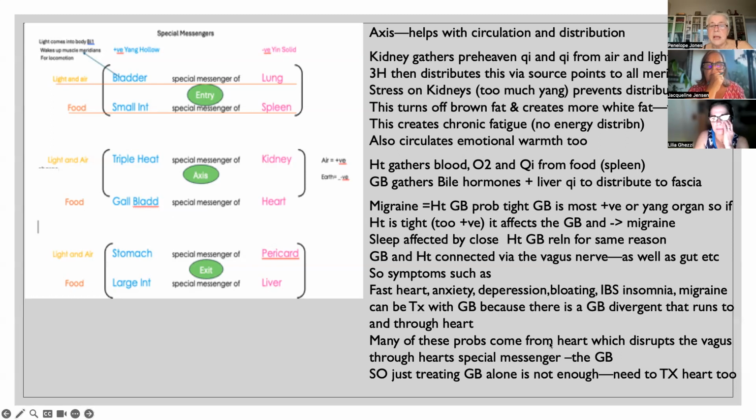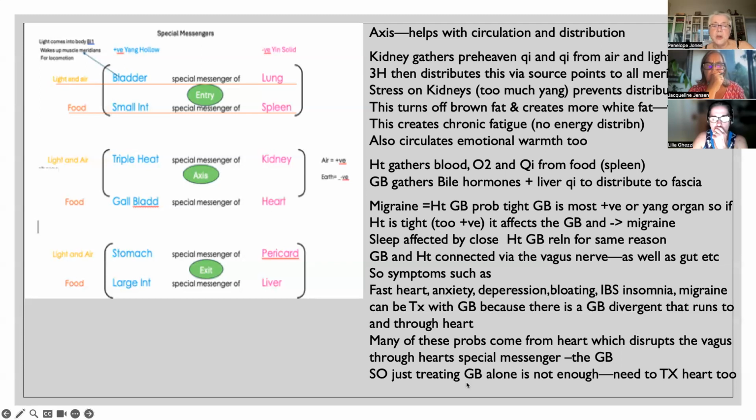Many of these problems come from the heart, which disrupts the vagus, and through its special messenger, it affects the gallbladder. So if there's a problem in the heart, look at the gallbladder, and vice versa.